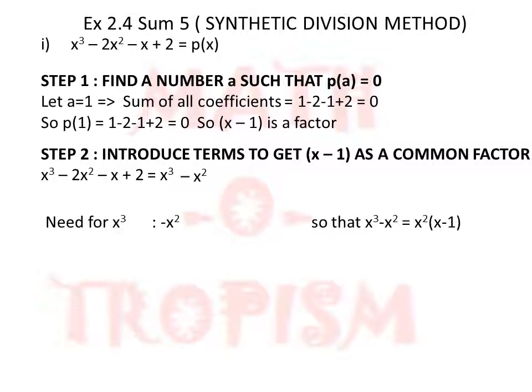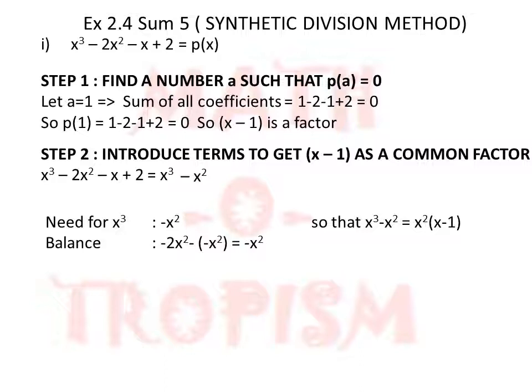But in my given polynomial, I have a minus 2x square term. So if one x square has already gone, I need to find out what balance term of x square I need to write. For that, you first write the term in the given polynomial, that is minus 2x square, and I have already written one minus x square, so I am going to subtract that from this number.